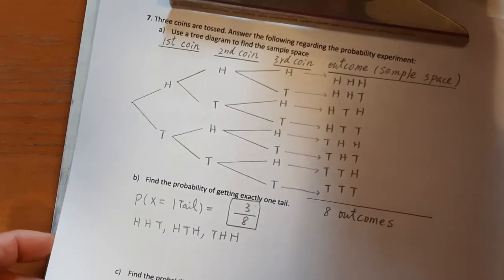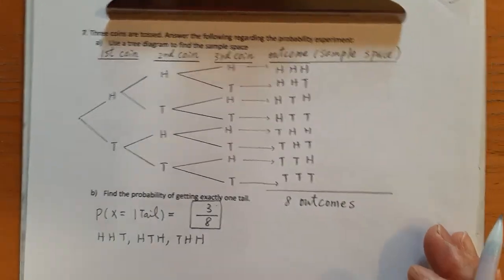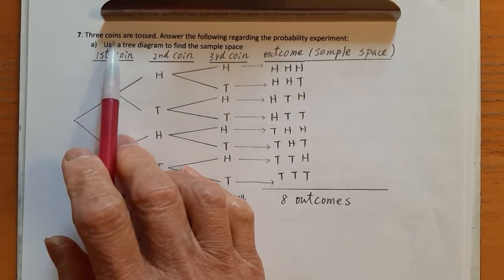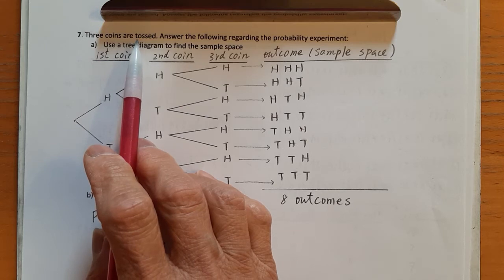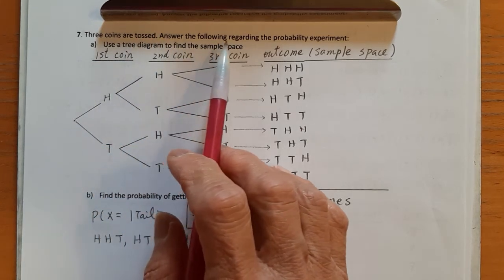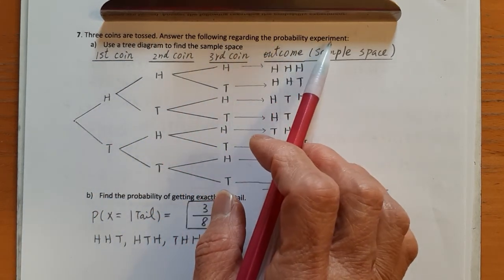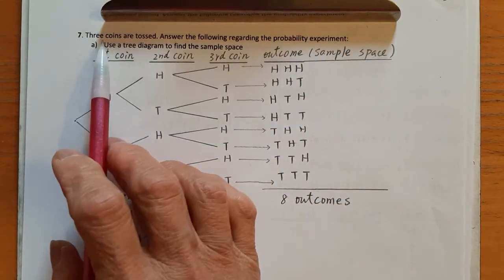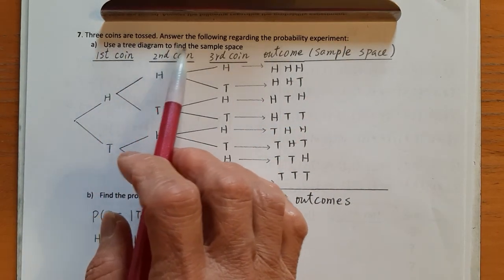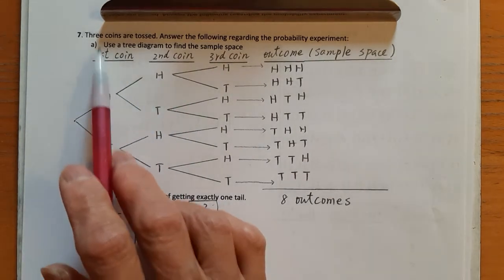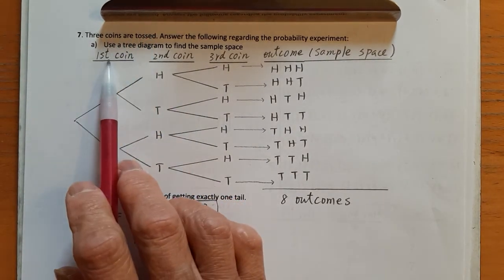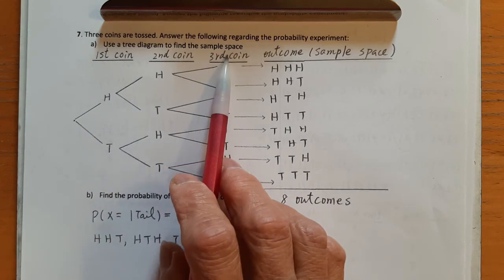Then next one, question 7. Three coins are tossed. Answer the following regarding the probability experiment. A. Use a tree diagram to find the sample space. So 3 coins tossed. So first coin, second coin, third coin.